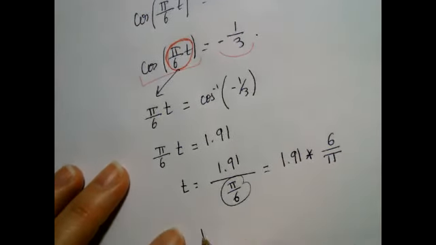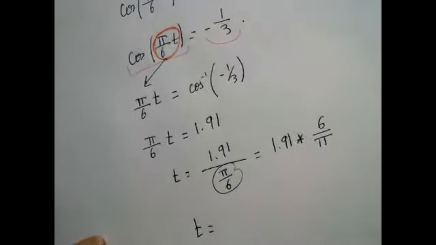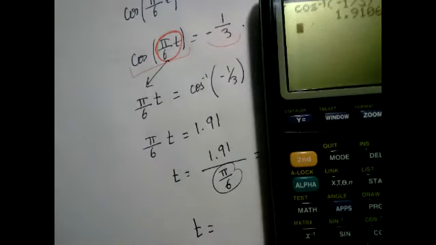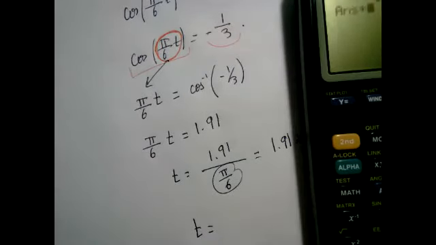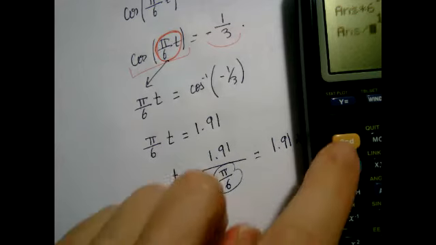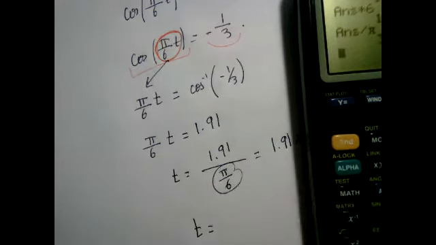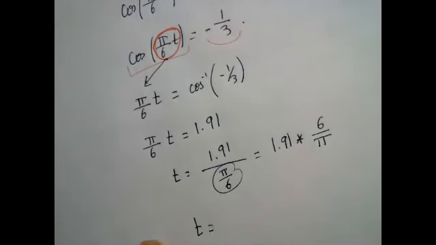And that's what gives me the t. And this gives me one value of t. So 1.91 times 6 over pi, I'm getting 3.64, almost 3.65.